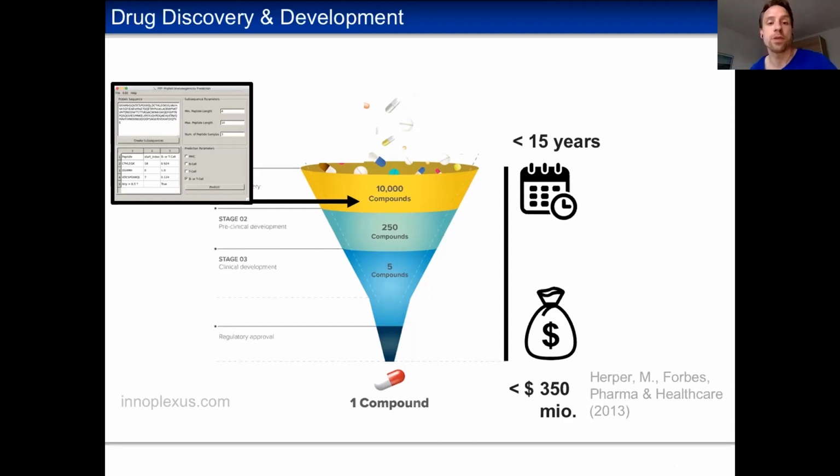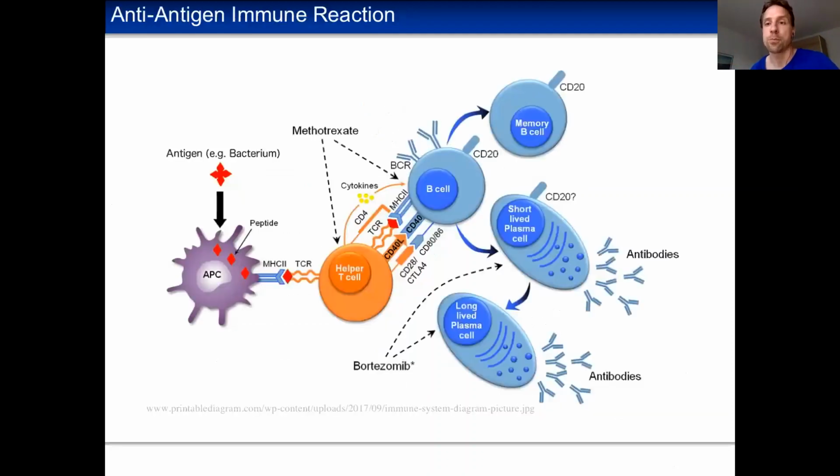And so this is the idea, that you do cheap experiments on the computer that may not have 100% accuracy, of course, but at least they narrow down the number of candidates so that you have to do fewer experiments. And to address this immunogenicity, this immune reactivity, we have to look at and potentially model how the immune system works.